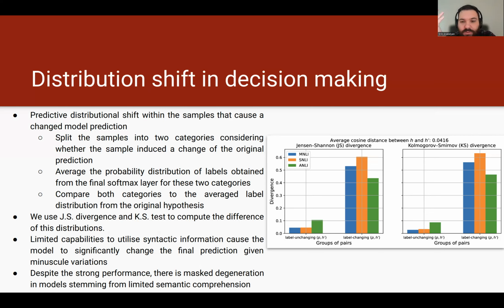First of all, we split the samples into two categories, considering whether the sample induced a change of the original prediction or not. By sample, I mean a premise and adversarially generated hypothesis pair. Then we average the probability distribution of the labels obtained from the final softmax layer for these two categories. We compare both categories to the averaged label distribution from the original hypothesis.